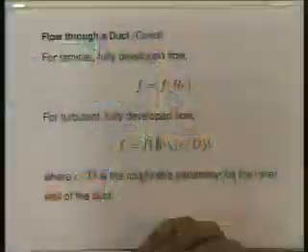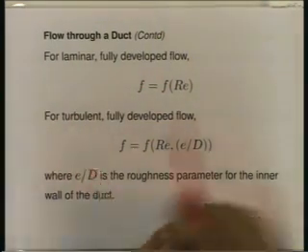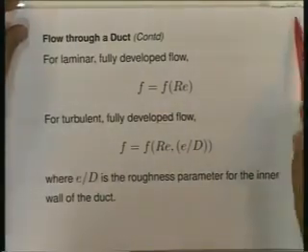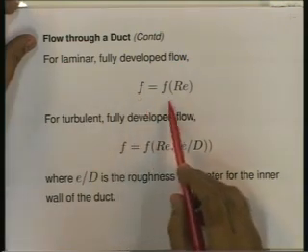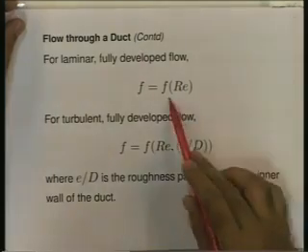There is something about the friction factor which all of us should know. If the flow is laminar and fully developed, that means there are no entrance effects, then the friction factor is a function only of Reynolds number. The function may be different for different geometries, but there is no other effect.